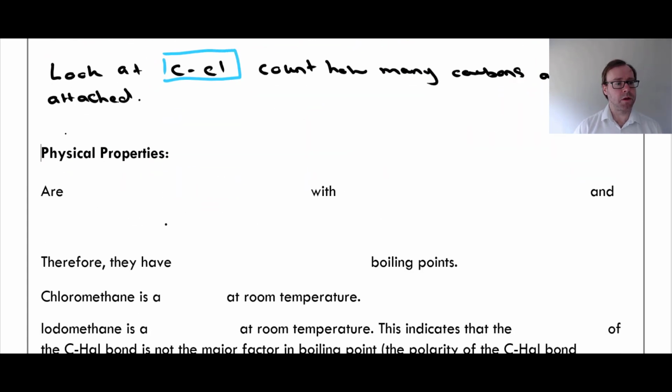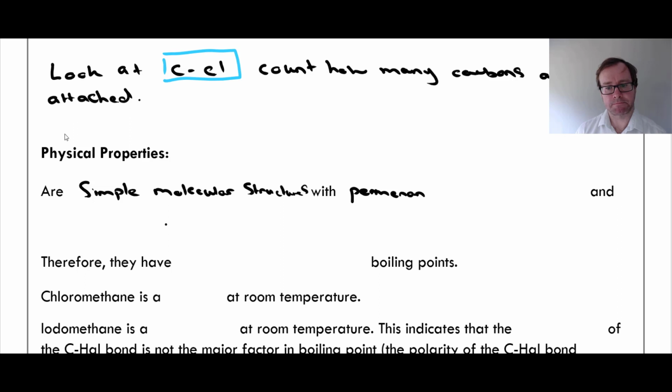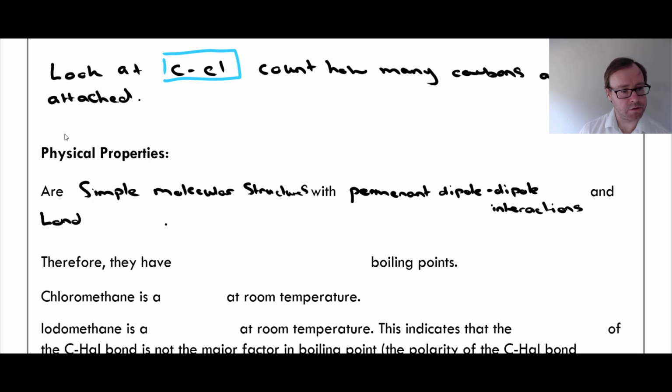Moving on to physical properties. Haloalkanes are simple molecular structures with permanent dipole-dipole interactions and also London forces.